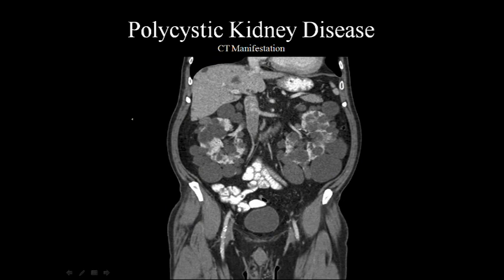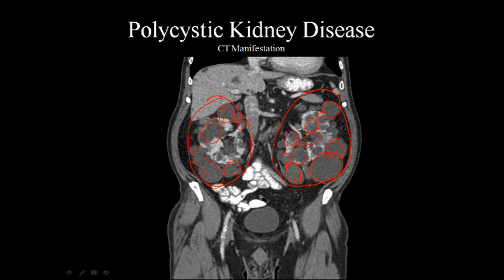So this is what it looks like on CT. And it kind of makes you wonder how the kidneys can function at all once you see things like this. But we see this is the area that we're looking at, and you see all of these little areas.